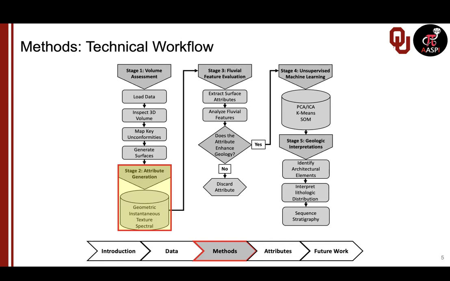Here we're trying to decide: does the attribute enhance the geology or not? If it does not, we discard the attribute. If it does, we move up and do some unsupervised machine learning. Then we make our geologic interpretations, identify architectural elements, interpret lithologic distribution, and do some sequence stratigraphy.